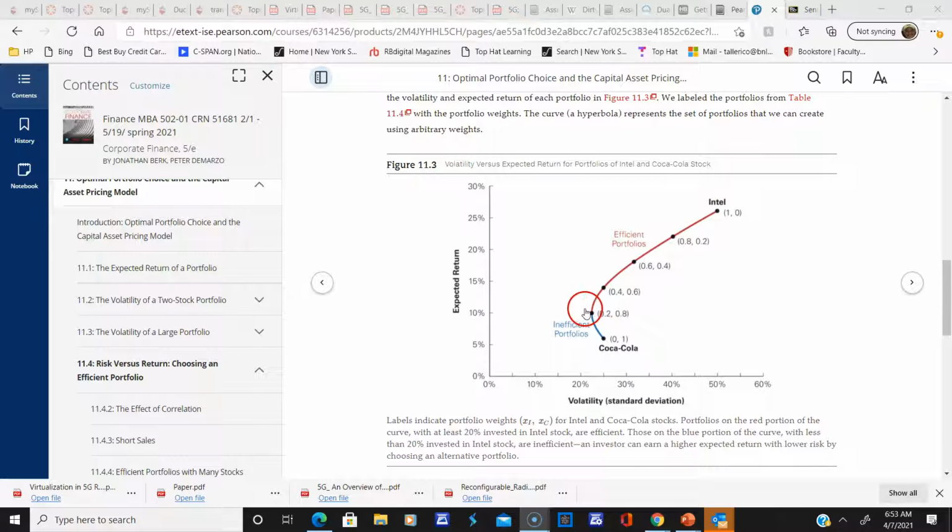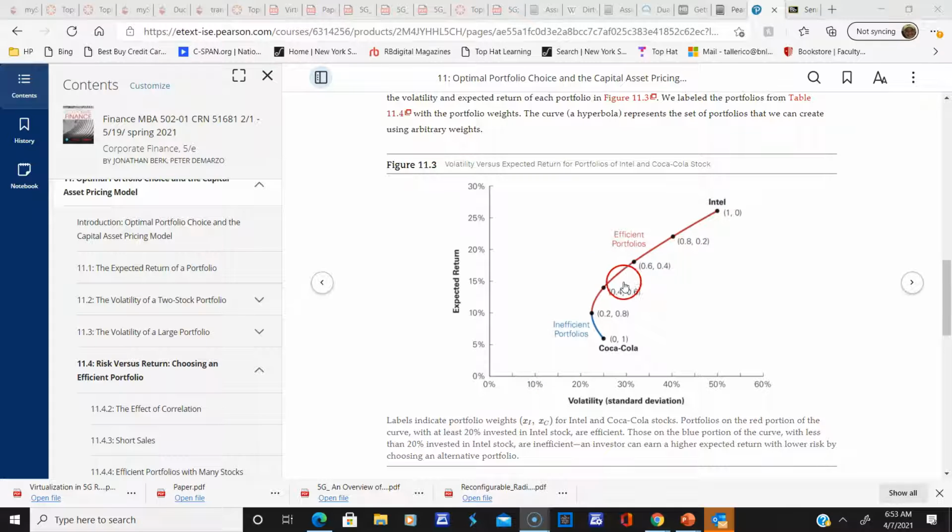Over here you're going to have a 10% expected return with 20% Intel and 80% Coke, and over here you have 80% Intel and 20% Coke.